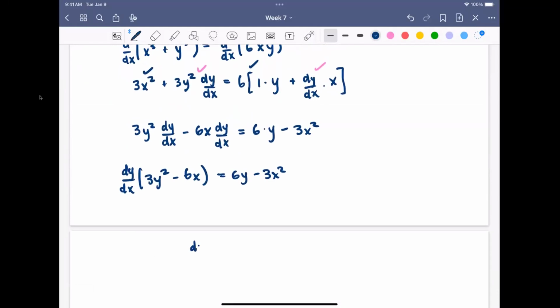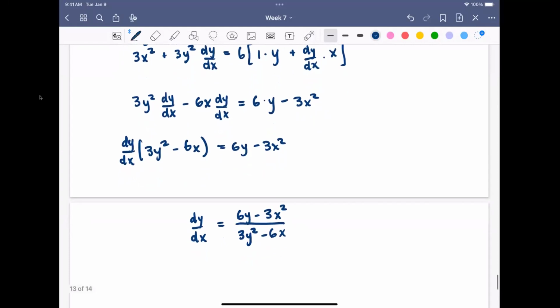So we get dy/dx is equal to 6y minus 3x squared divided by 3y squared minus 6x. Okay, are there questions about how we got to this point?